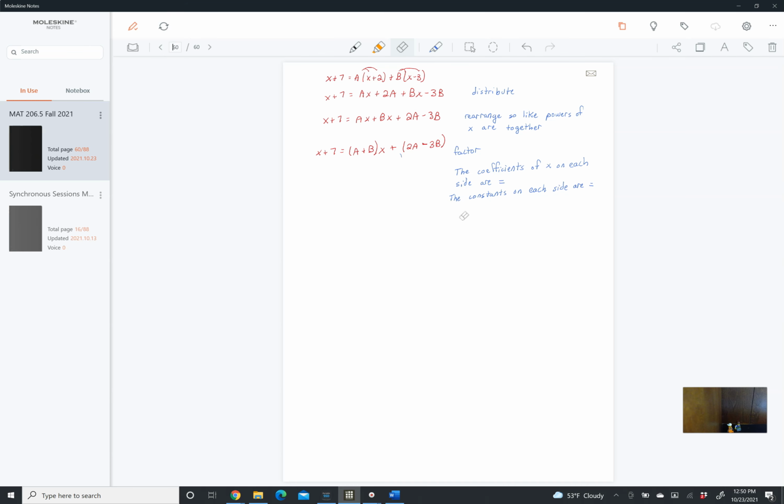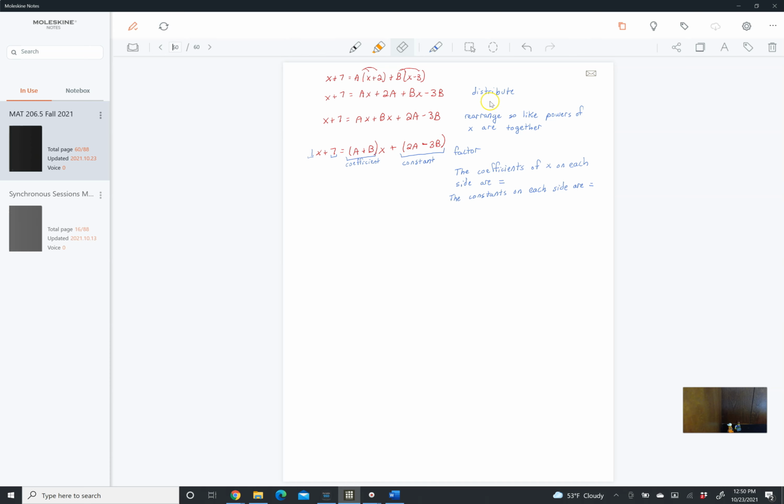So this is the constant on this side because it has no x attached. This is the coefficient of x. On this side, this is the constant, and the coefficient of x is 1.